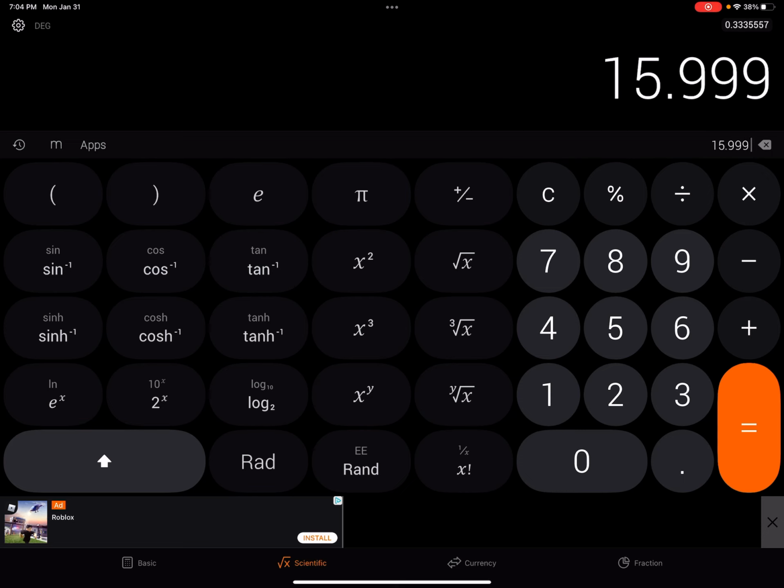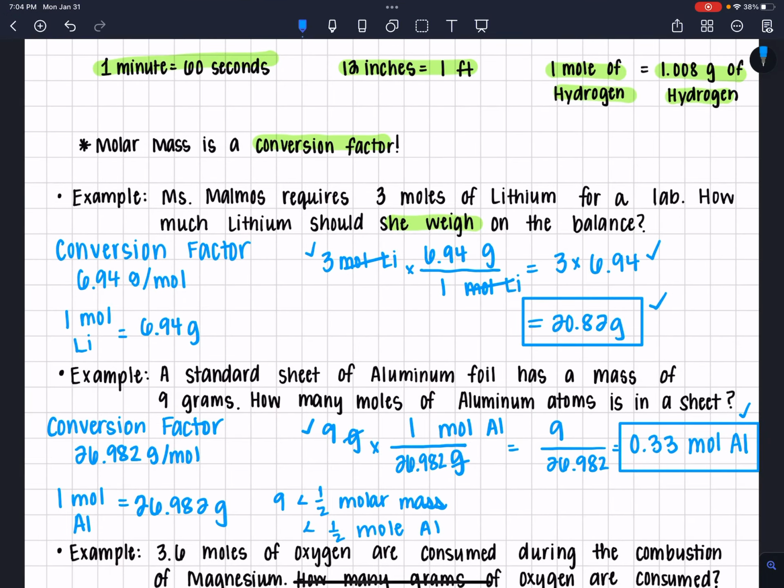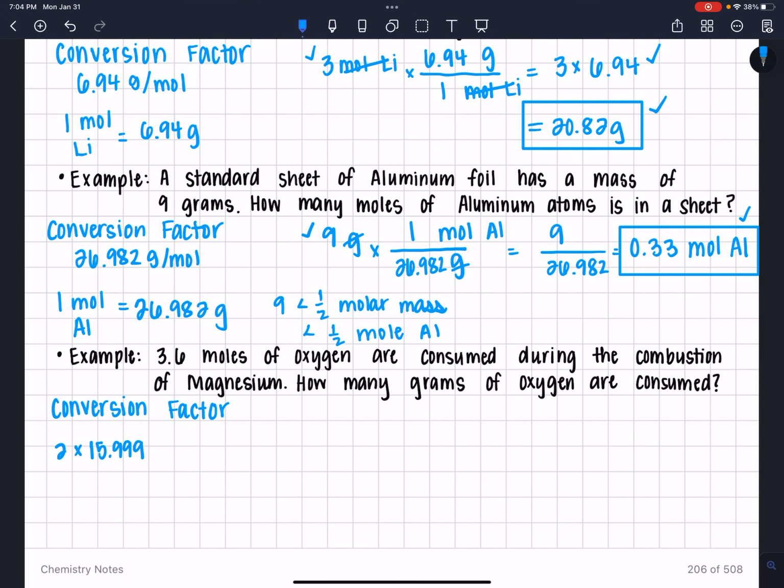I think it's going to be just about 32, but maybe a little less. Yeah, 31.998. So I'll stick to the exact values. So the molar mass of oxygen, because it's diatomic, is 31.998 grams per mole.